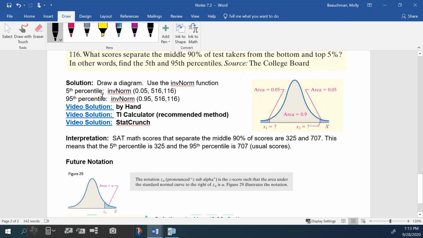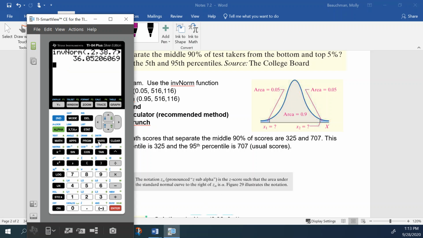So I've got the calculator steps here. Once you take a look and draw a diagram, the 5th percentile is the inverse normal of 0.05, mean 516, 116. That will give you the value here for x1. And then inverse normal 0.95, 516, 116 will give you the value up at the top.